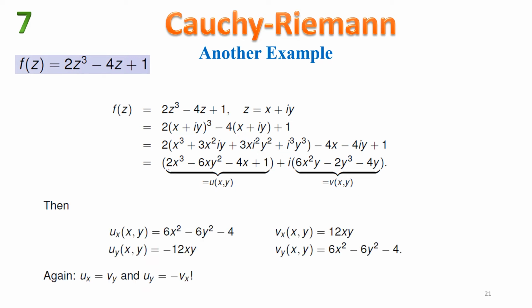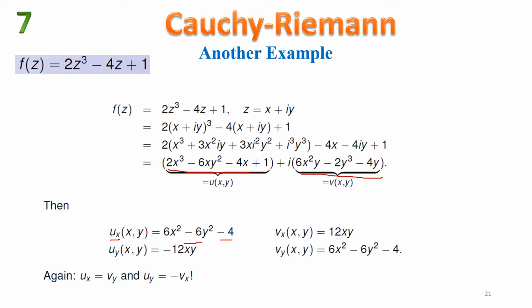Now here we have u available and v available. We can differentiate u with respect to x. So 2x cubed will give 6x squared minus, we are differentiating with respect to x, so y is to be treated constant, so this will be simply minus 6y squared, and derivative of minus 4x will be simply minus 4.